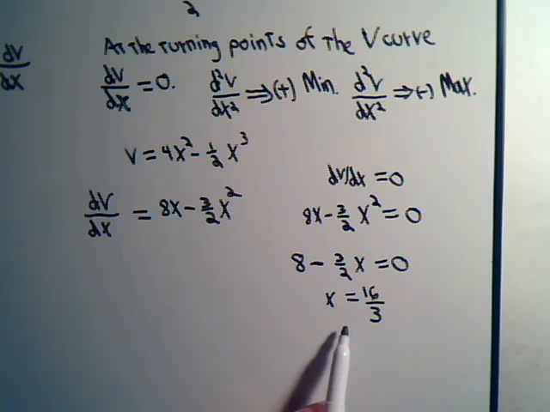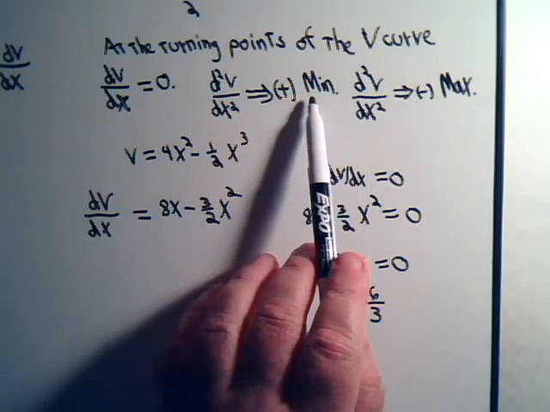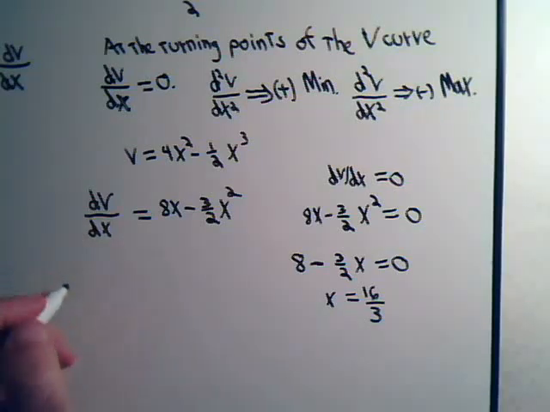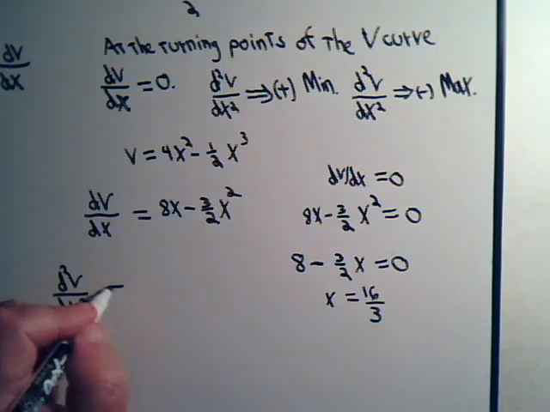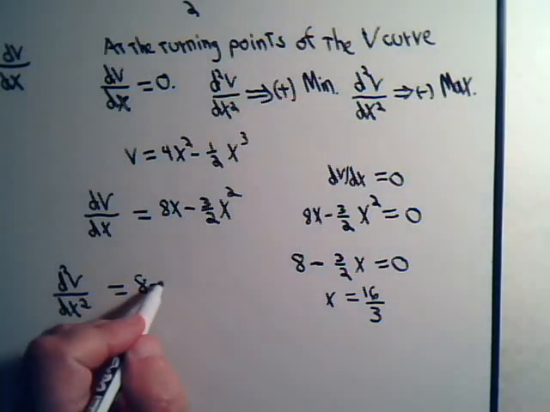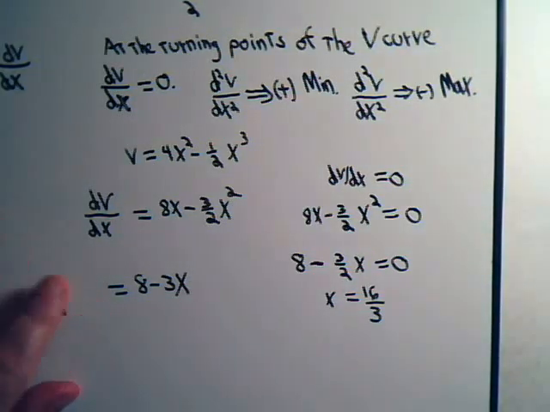Now, is that going to be for a maximum value of V or a minimum value of V? Well, let's find out. Let's go here and take the second derivative. And this will equal 8 minus, it looks like 3 times x. So this is the form that we can write a little bit neater.